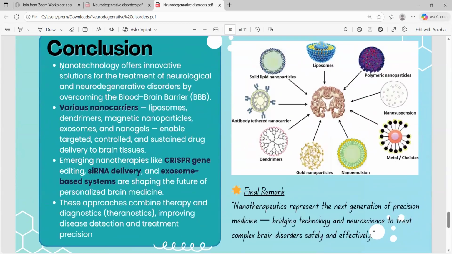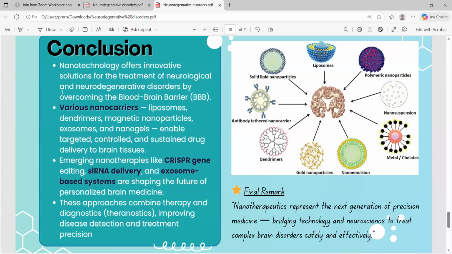The conclusion is that nanotechnology offers innovative solutions for the treatment of neurological and neurodegenerative disorders by overcoming the blood-brain barrier. Emerging nanotherapies like CRISPR gene editing, siRNA delivery, and exosome-based delivery are shaping the future of personalized brain medicine.